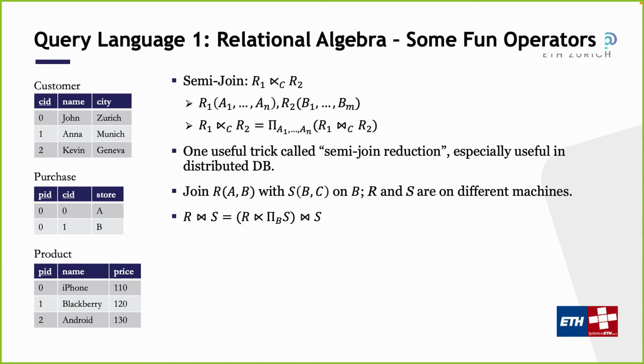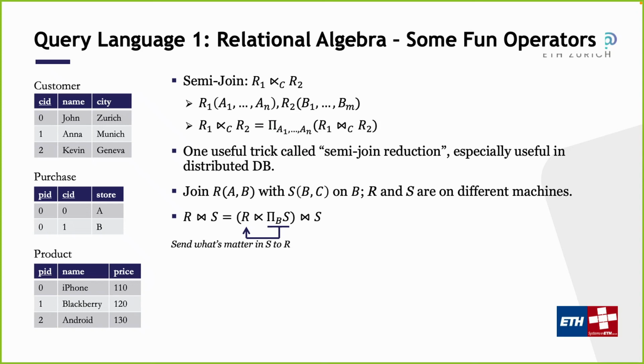If you think about what it's trying to do, in the beginning, I have R, you have S. You send me all the unique values in your relation on B. I don't care about all the other attributes.